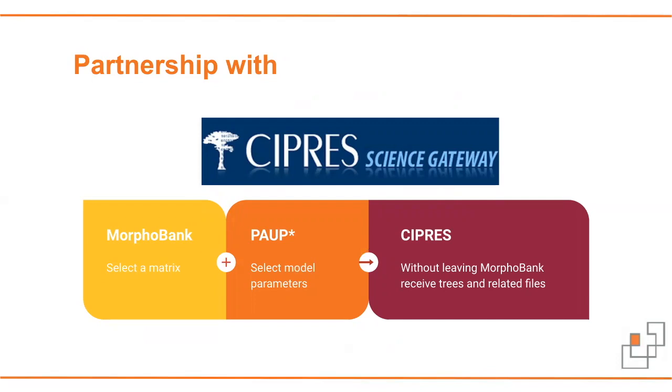Currently, MorphoBank has access to phylogenetic analysis under parsimony using PAUP. And in MorphoBank, basically, you select the matrix you would like to use, and then you select the model parameters for the parsimony analysis. And without even leaving MorphoBank's website, the matrix and the parameters you selected are sent to CIPRES, and you get back a phylogenetic tree with any related statistical data. And that's all returned to you within MorphoBank.